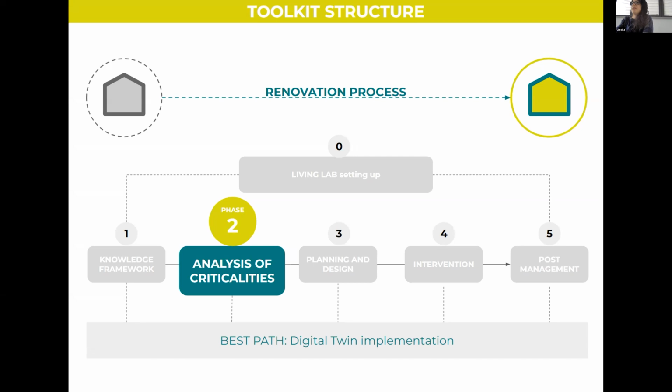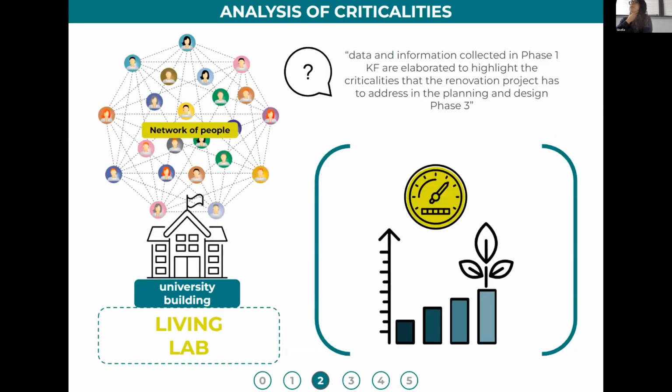We are in the second phase of the renovation process, at a moment in which we have built a knowledge framework related to our pilot building to renovate. The phase of analysis of criticalities has the objective of elaborating the data and information collected in phase 1, the knowledge framework.